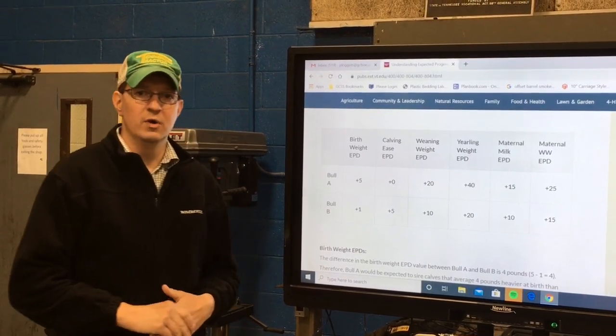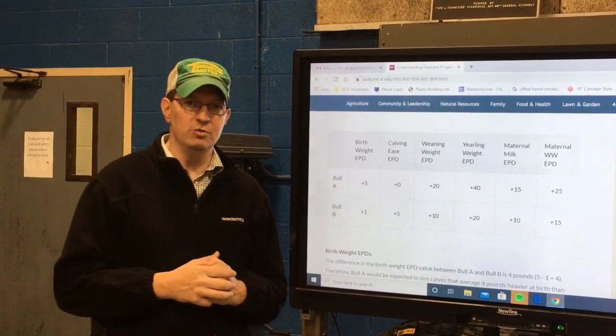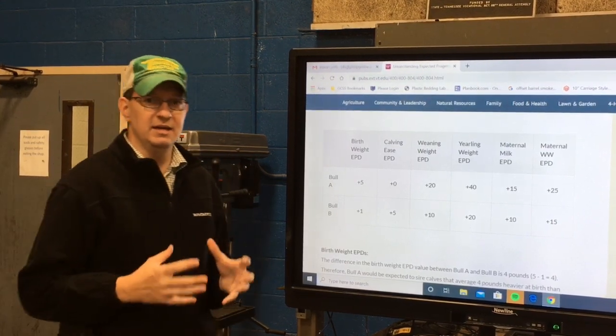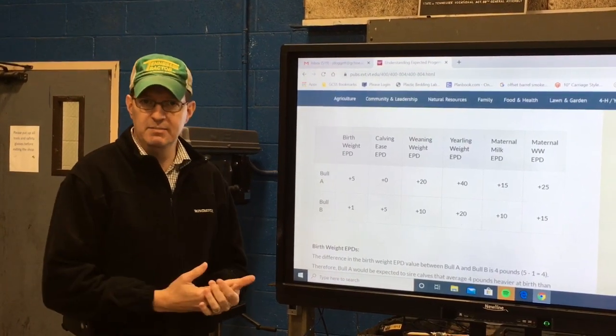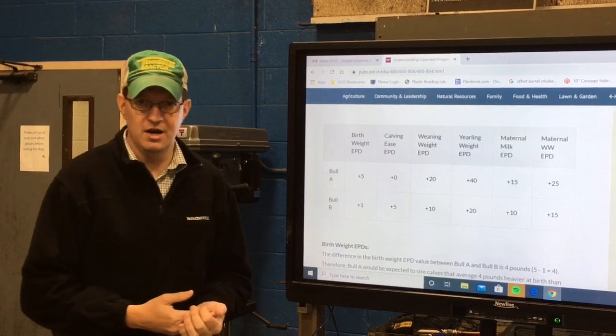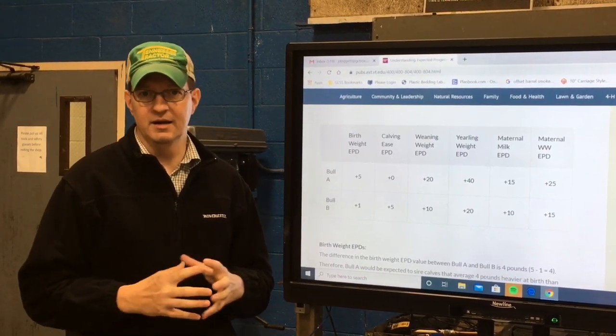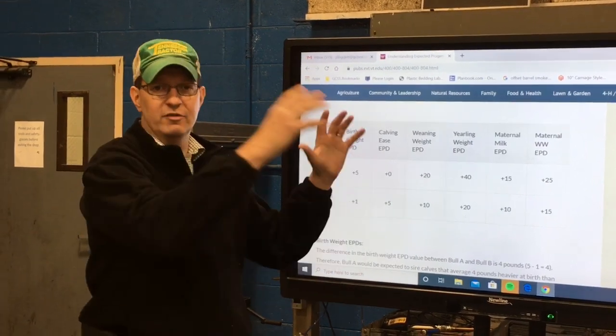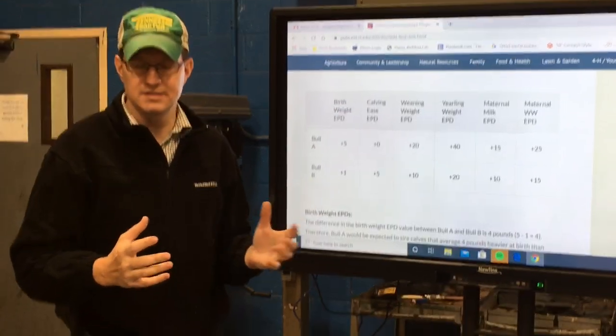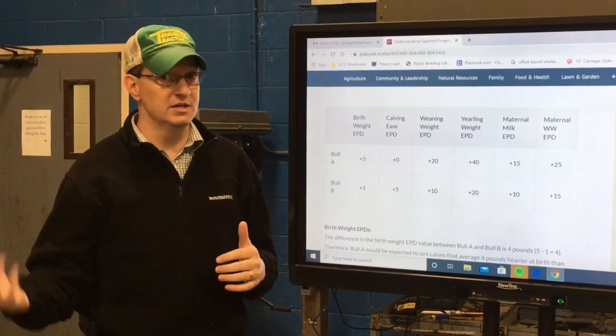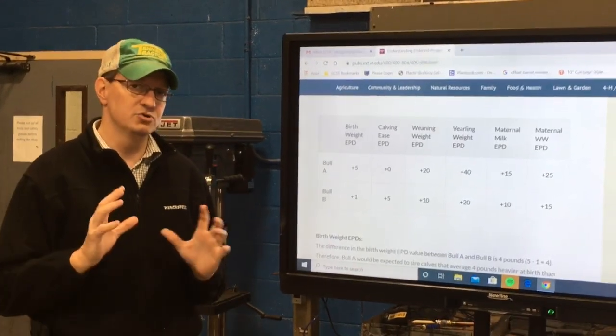Okay, so again, if we go back to humans, we're talking about maybe it's comparing boy babies that were born at Murray Regional Hospital in the year 2020 and comparing them and the data we've got from all of their parents and grandparents to try to determine what their kids are going to be like, okay, and those traits.